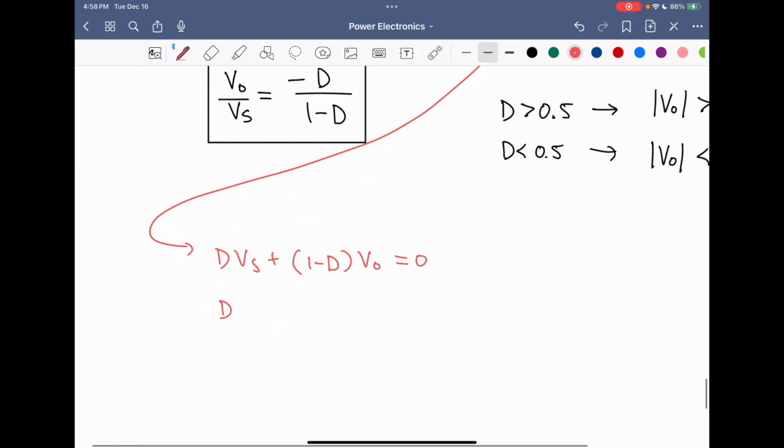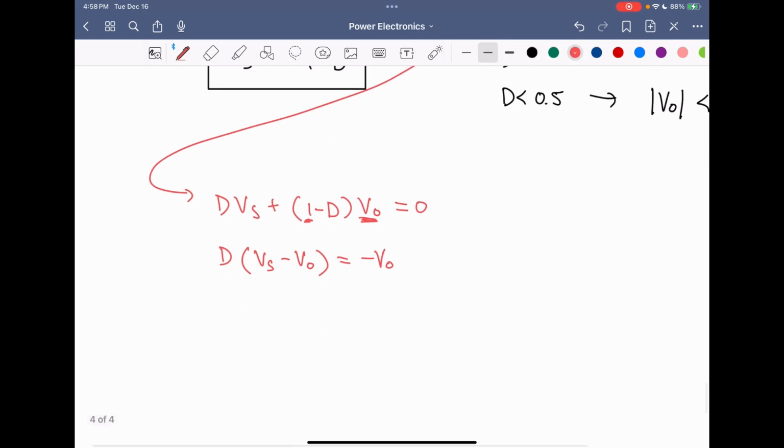If we isolate d on this side, we have Vs minus Vo. And then we move the Vo to the right side to get minus Vo. So in this case, the duty cycle d equals negative Vo over Vs minus Vo.